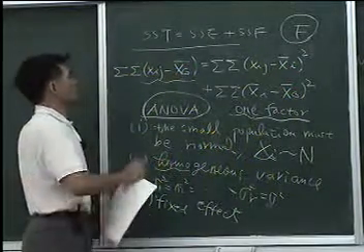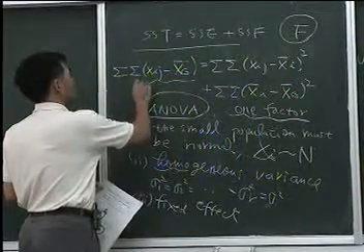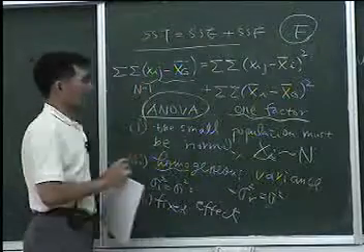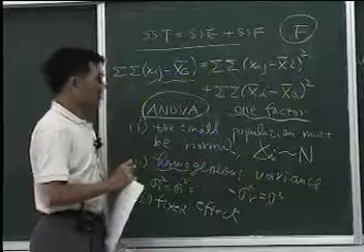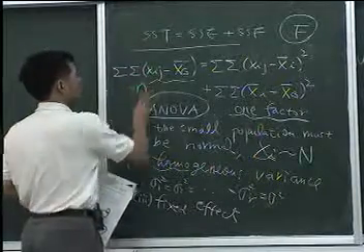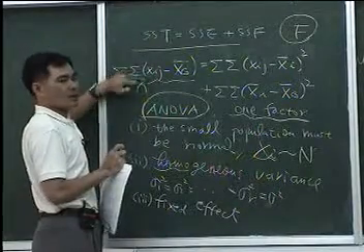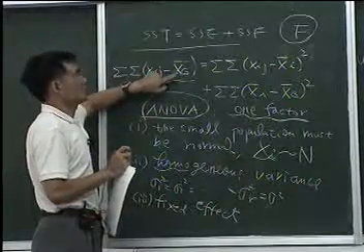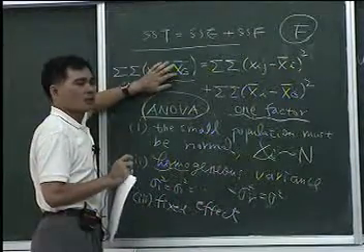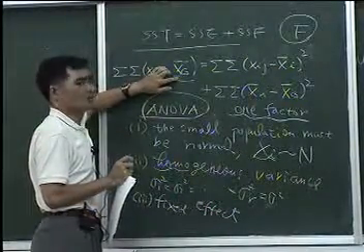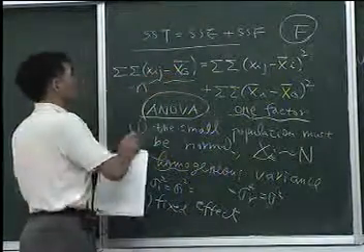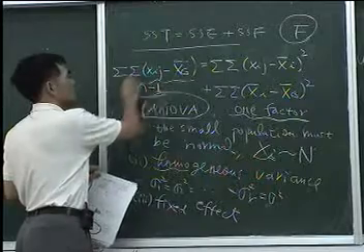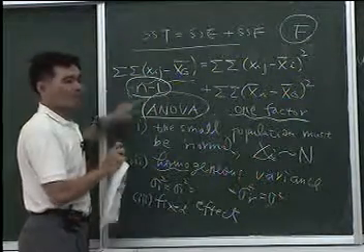If you know n minus 1 of them, but of course we are talking about the samples, so actually the total for them is n. But because you know the grand sample mean, the sample mean for the whole samples, the degrees of freedom is actually n minus 1.